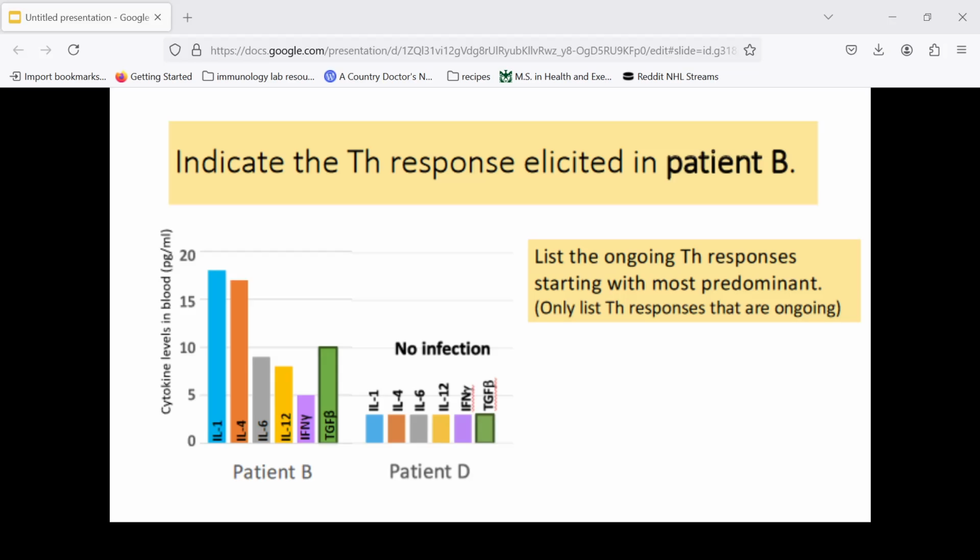Th17 needs IL-1, it needs IL-6, and it needs TGF-beta, which means that we stop at our lowest, we draw our line across, and then that is how much Th17 we can make. You stop there. You can't make more than that because you need all three in order to differentiate into a Th17. So, whatever TGF-beta is above that can go to our Tregs.